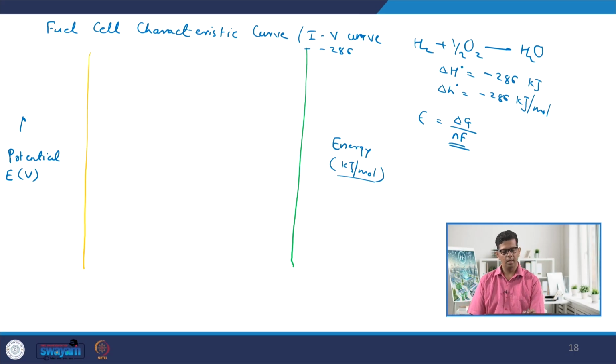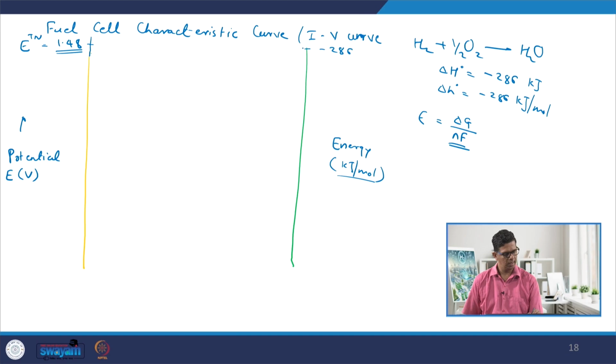So, if I divide this 286 kilojoules of energy by nF for this reaction, I get the corresponding potential as roughly 1.48 volt, and this potential is denoted by E_TN, which is called the thermoneutral potential. This is close to 1.48 volt for the hydrogen oxygen reaction.